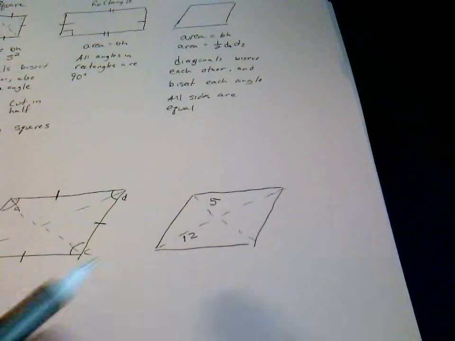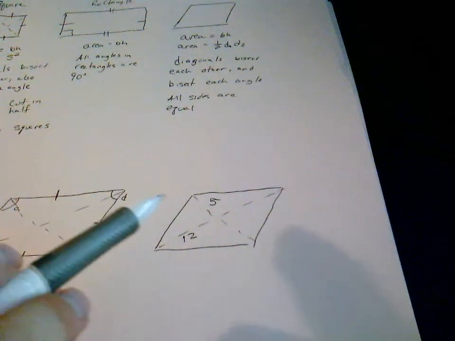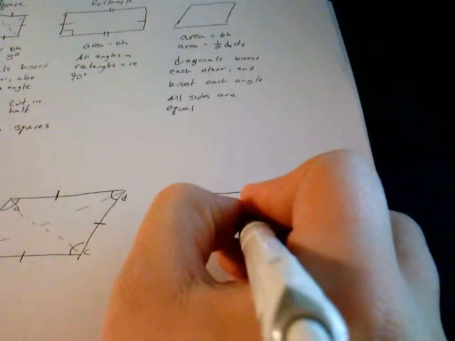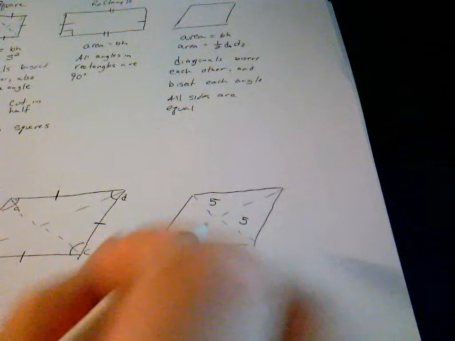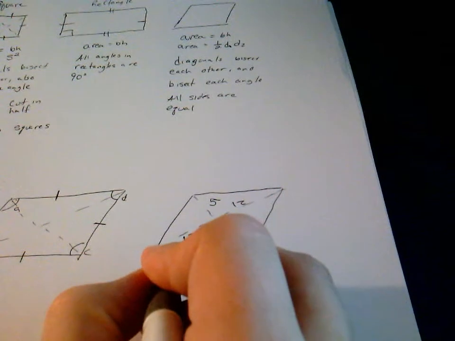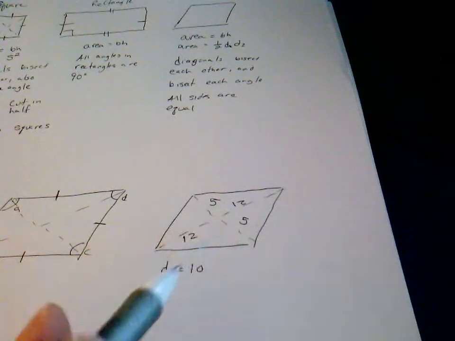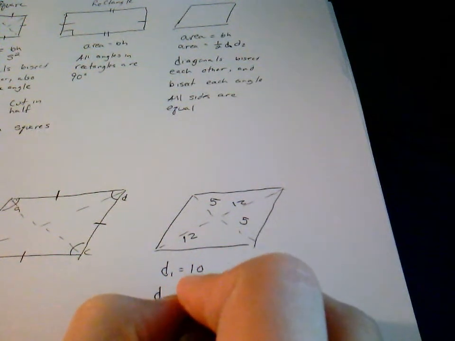Once again, we know that diagonals in parallelogram bisect each other, means they cut each other in half. So you know that this is 5, you know this side also has to be 5. And if you know this side is 12, you know this other side also has to be 12. So in total, this first diagonal should add up to be 10. And in total, this second diagonal should add up to be 24.